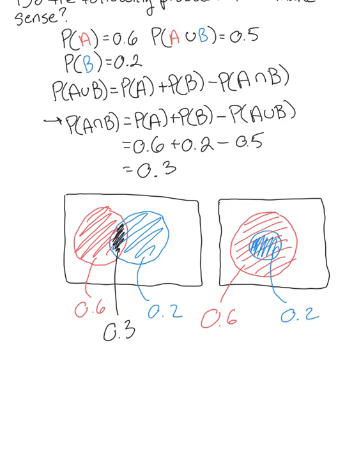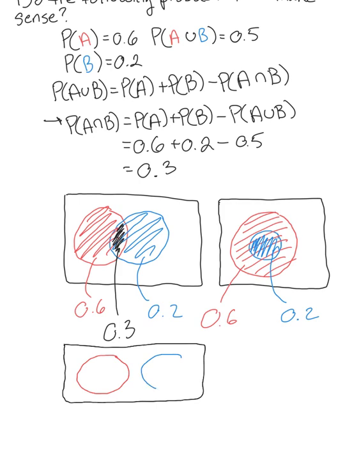Okay, so let's suppose that the two events were entirely independent. Okay, so we have our A there, and we have our B there.